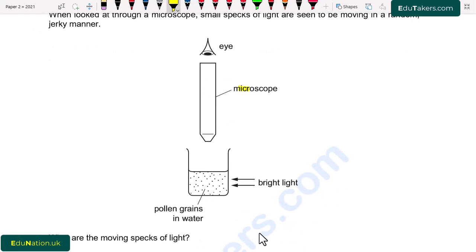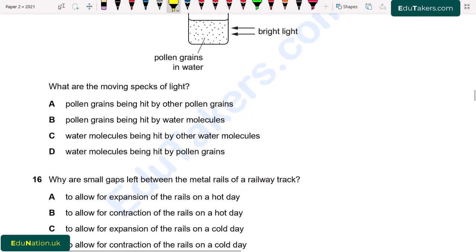We can see that a microscope is placed and there is also the eye which is used to observe the motion of these pollen grains. So first of all, we have water in a beaker and there are also pollen grains placed in the water. When the bright light falls on these pollen grains, what happens? What are the moving specks of light?